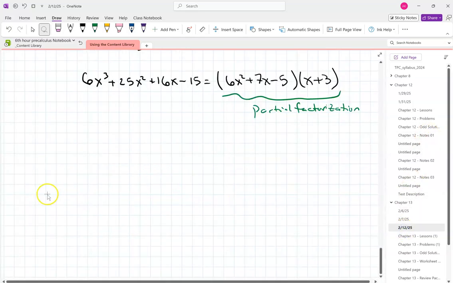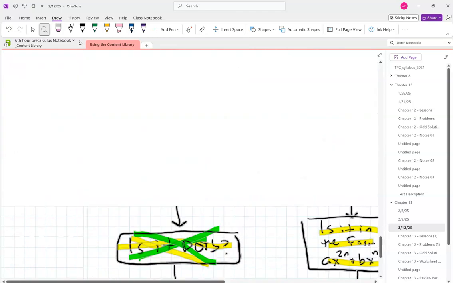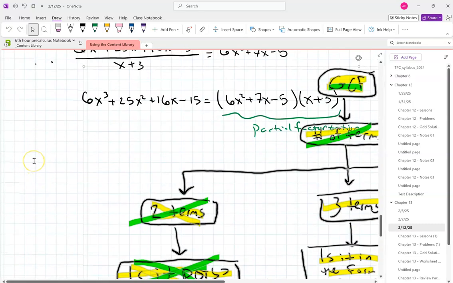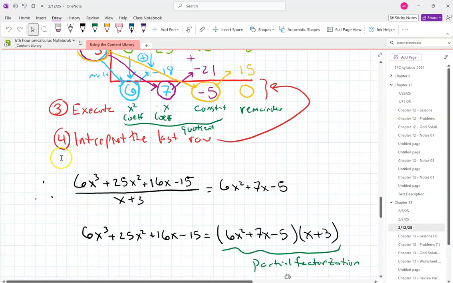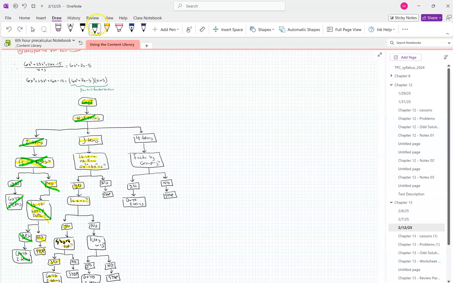What we've just created, right, is a way to fill in some of these blanks, right? If our polynomial had 3 terms and was not in quadratic form, there was nothing we could do. If our polynomial had 4 terms and we couldn't factor by grouping, there was nothing we can do.